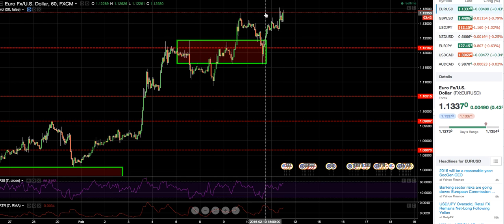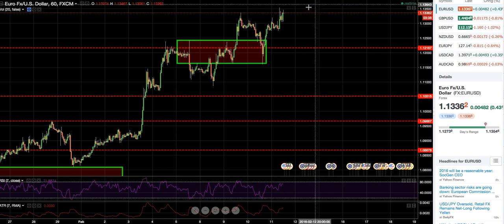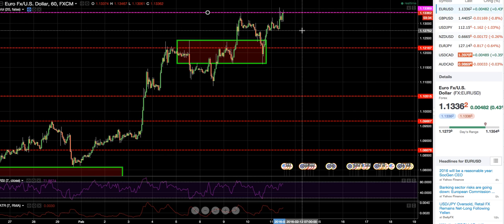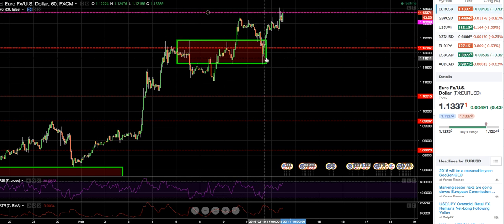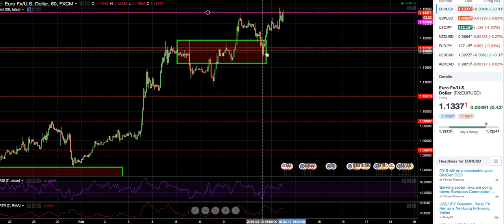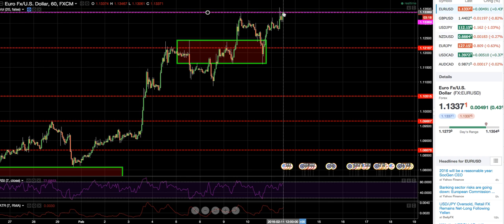Let's drop in a line just to see what's happening at this level. You can see that the market went up into this level, respected that level, and went down right back into our structure level here, and then came back up and is currently at that level.